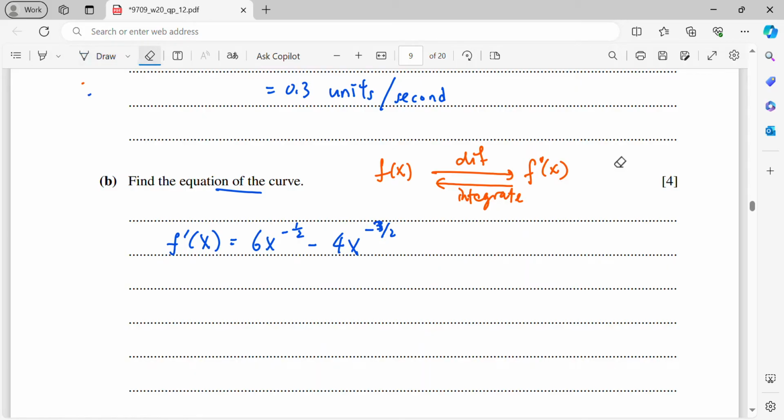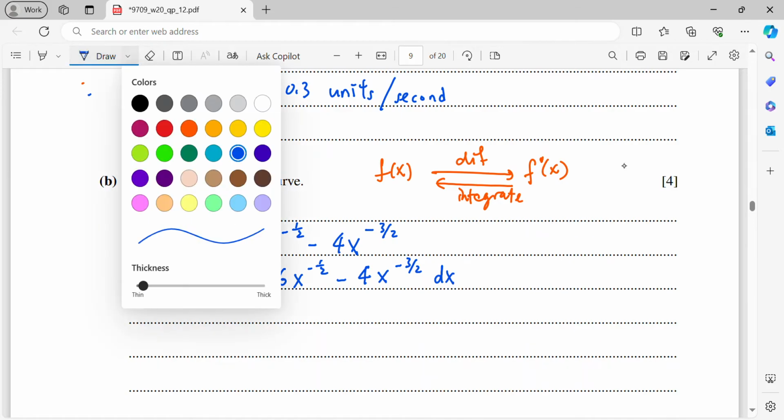Okay, so now I need to integrate. So your f(x) is basically the integration of 6x to the power negative half minus 4x to the power negative 3 over 2 dx. Okay, this is your integration.